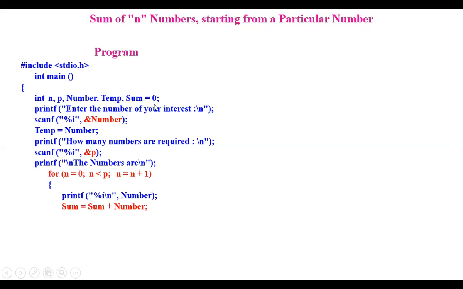The sum initially is taken as 0, and suppose I have entered some number, 10, here. This 10 is taken here. 0 plus 10 is assigned, so the sum value is now 10. Next, the number is incremented. The 10 becomes 10 plus 1, 11.